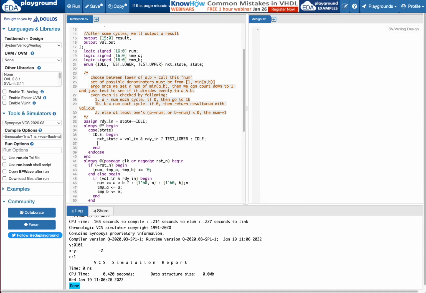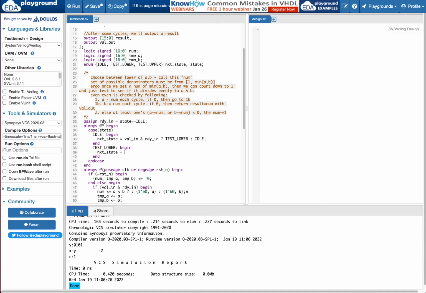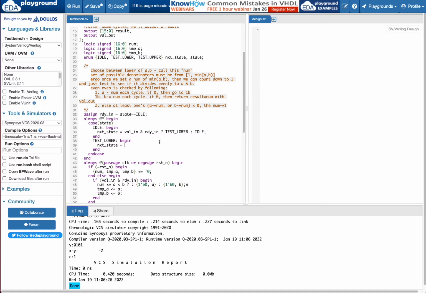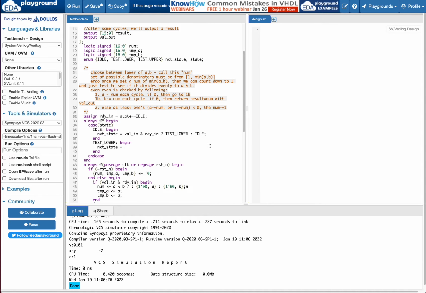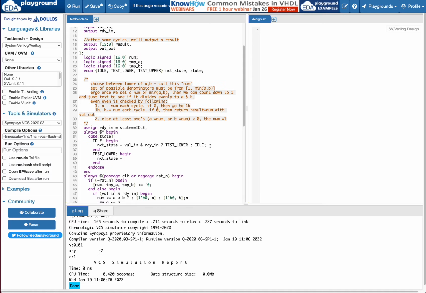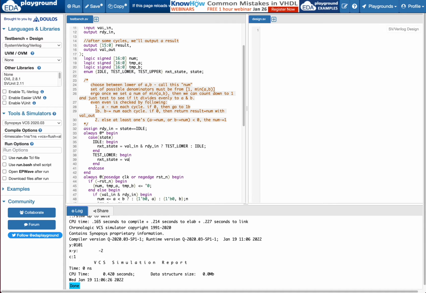Otherwise, we want to go to idle. And if we are in test lower, then the next state is going to be, if valid out, then we go back to idle.